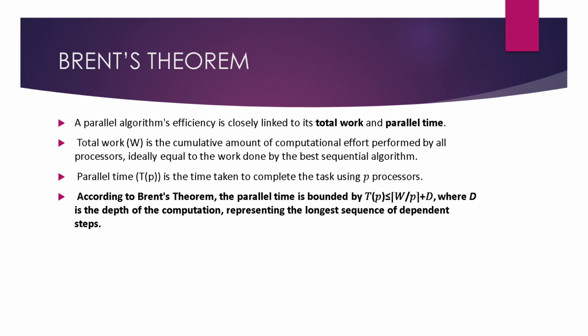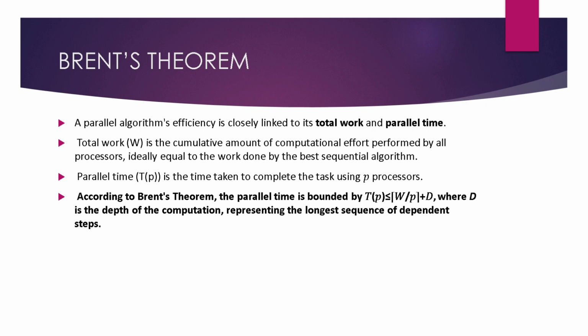For an algorithm to be efficient, the overhead caused by parallelization and communication must be minimized. This parallel algorithm's efficiency is closely linked to its total work and parallel time. Total work is the cumulative amount of computational effort performed by all processors, which is ideally equal to the work done by the best sequential algorithm.